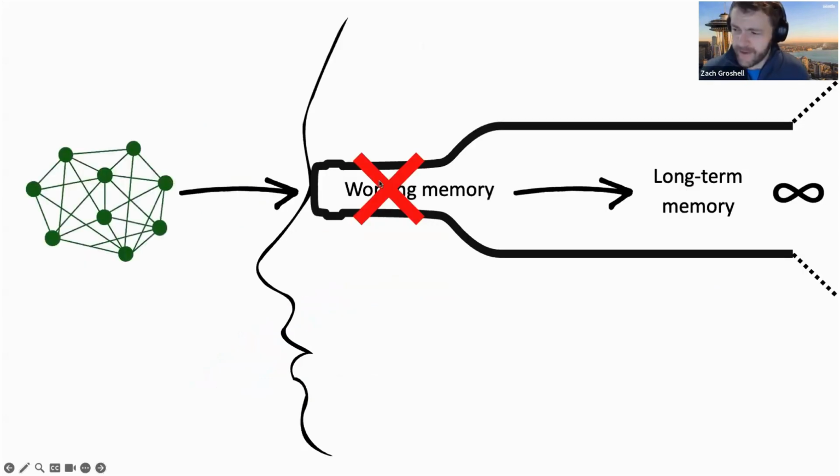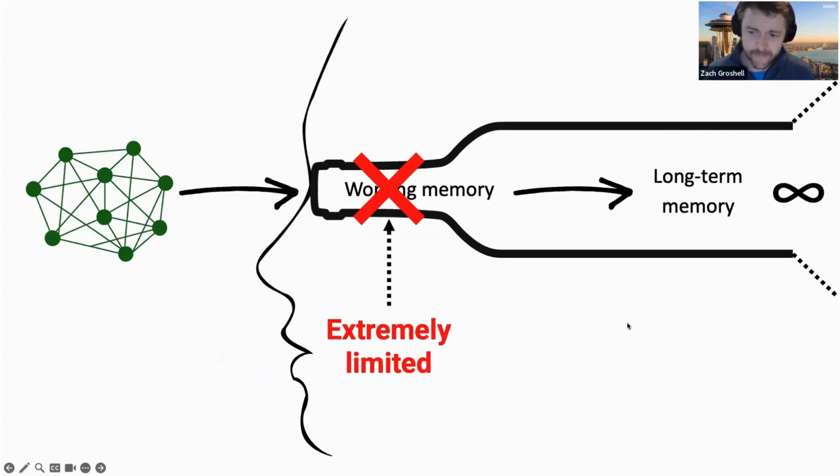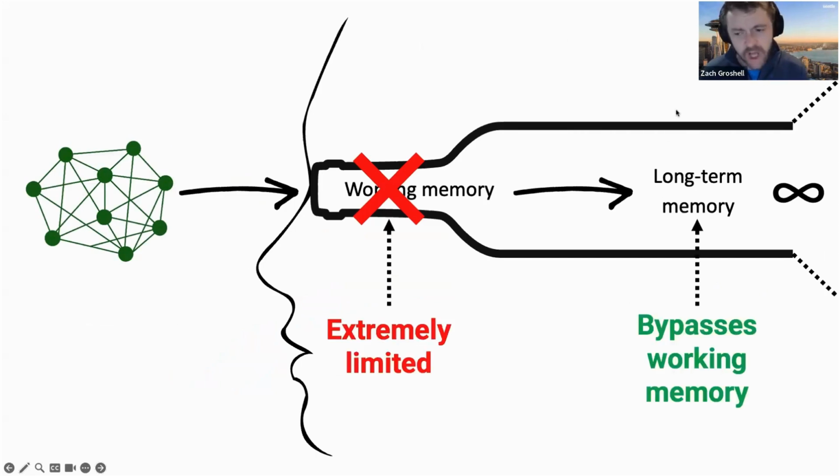And so back to our working memory model, we know that working memory is very limited. And we also know that long-term memory is effectively limitless. It's unlimited. And this long-term memory is what enables us to do really cool stuff in our lives.